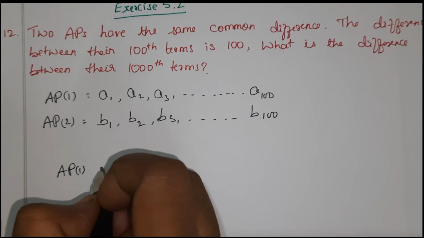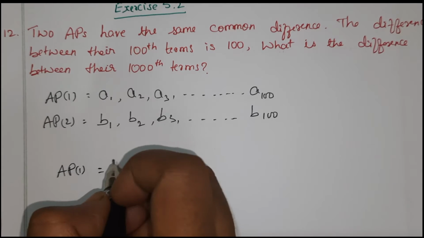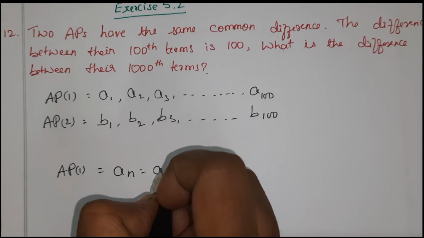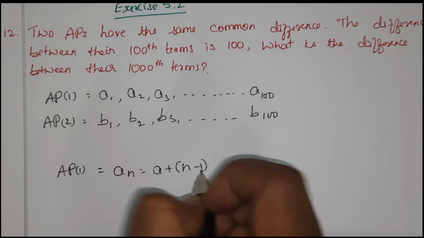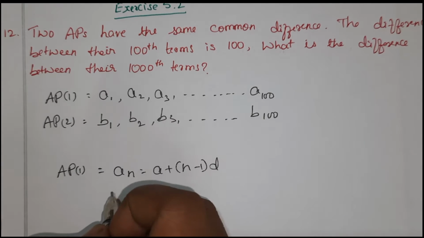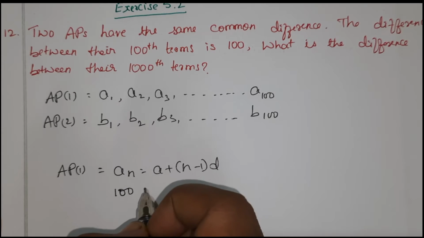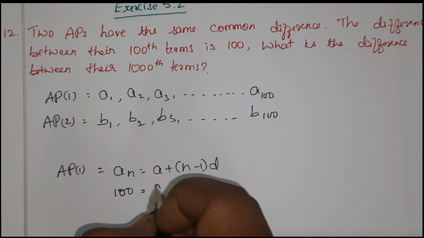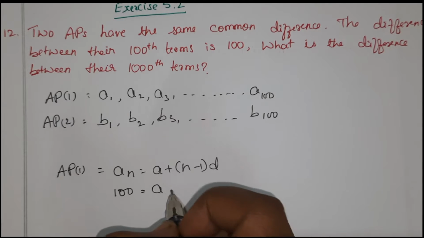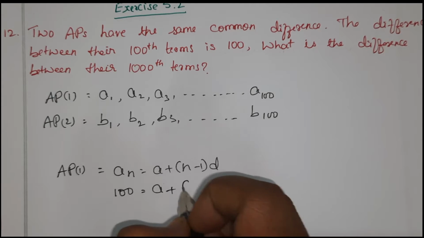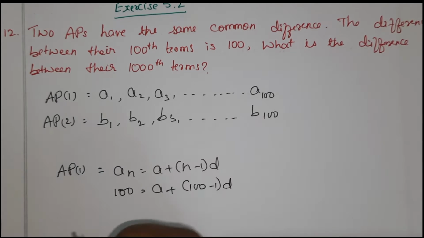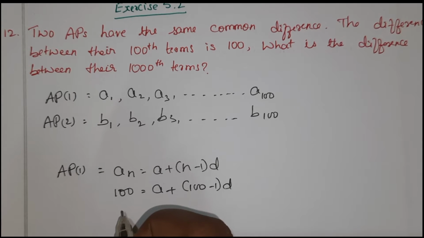For AP1 we should create an equation where an is equal to a plus n minus 1 into d. Here our a is a1, which can be written as a, and n is 100, d we don't know.